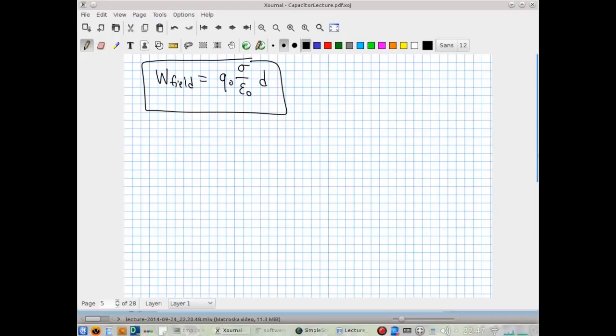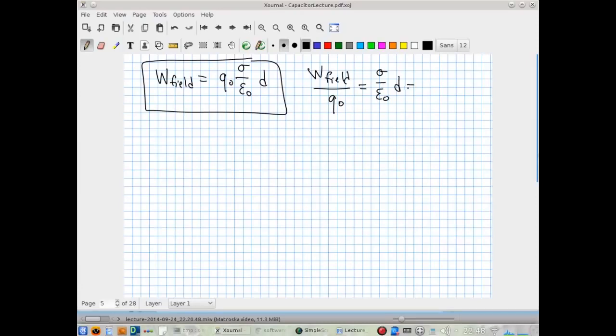Well, this is nice and all, but the problem is that, of course, this work depends on the sign of the charge that we're moving. In this case, it was a positive charge, and it's annoying to have to keep carrying this charge around. We don't want to have to keep doing that. And so that's why it's very important to calculate the work done by the field per unit charge, which is just equal to sigma over epsilon naught d.